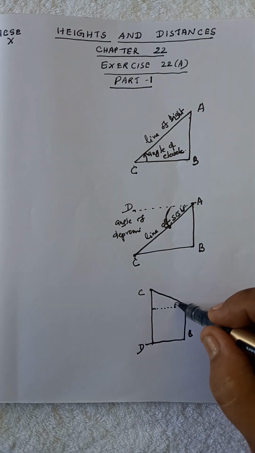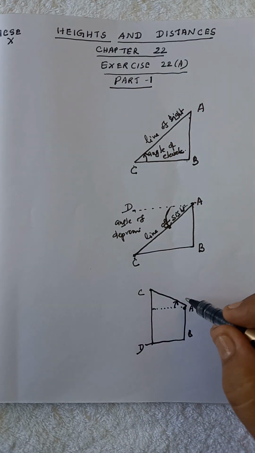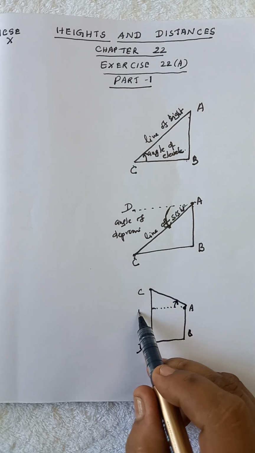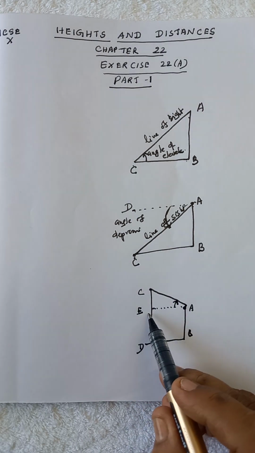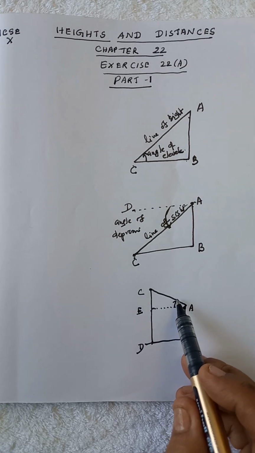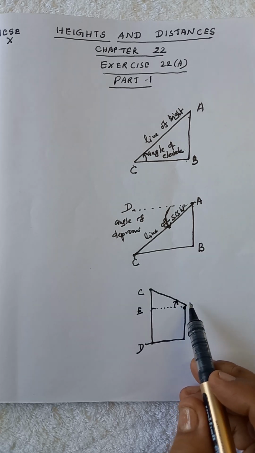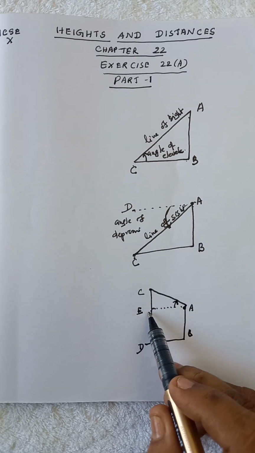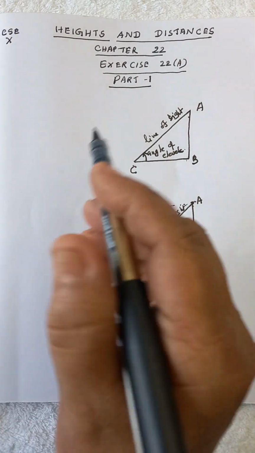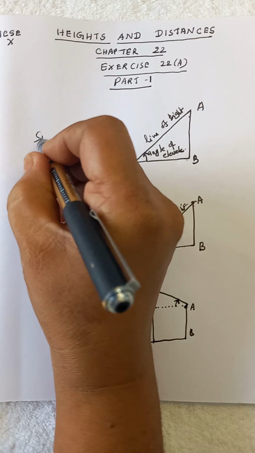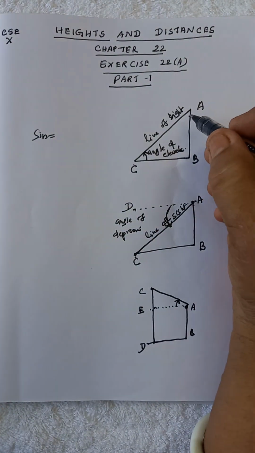This point is E, this horizontal is EA, then here the angle of elevation is angle EAC.